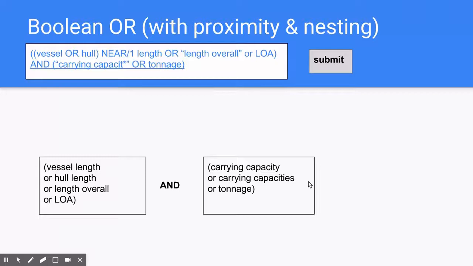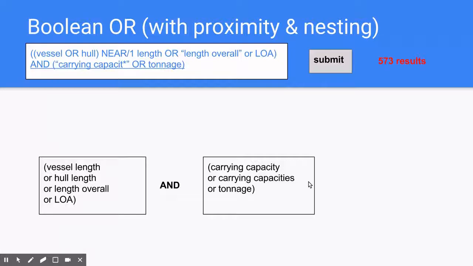So note that I've got what's called nested Boolean, and I've got basically a nest within a nest. So you look at that first example, vessel or hull, one concept within the concept of the whole line on the top, and then at the bottom again, I've got carrying capacity or tonnage as another concept. So that's basically going to be our search.